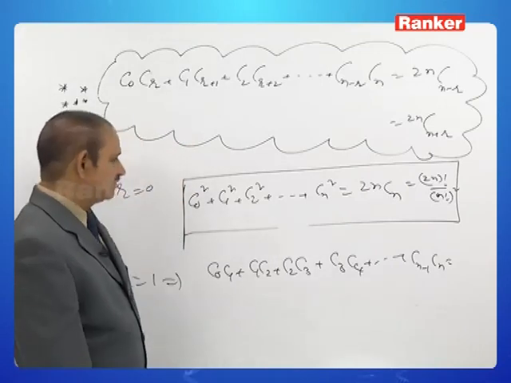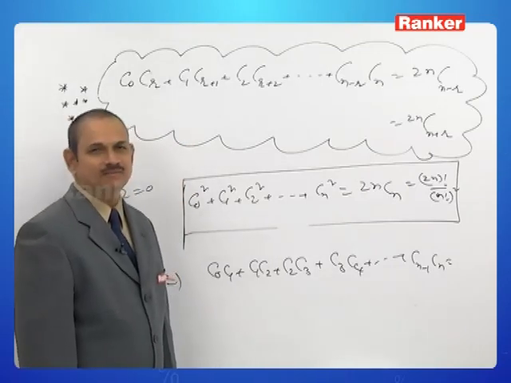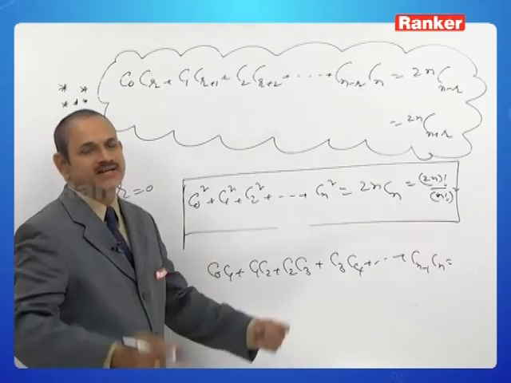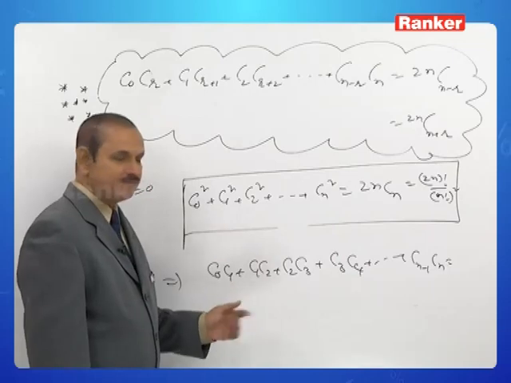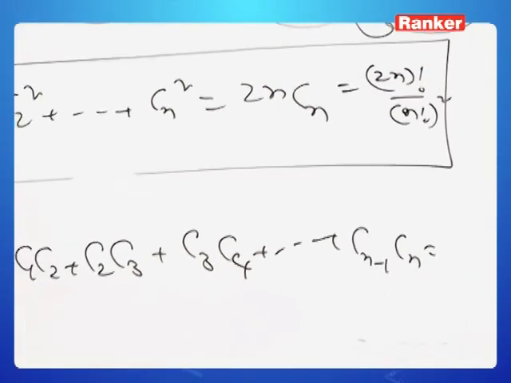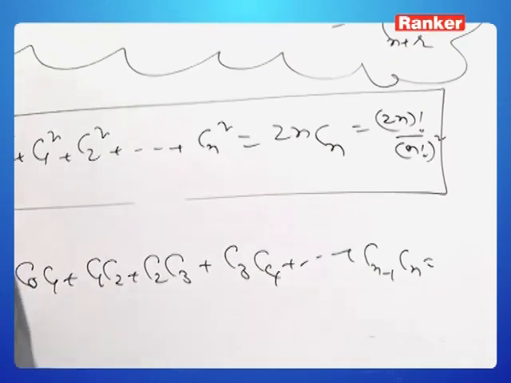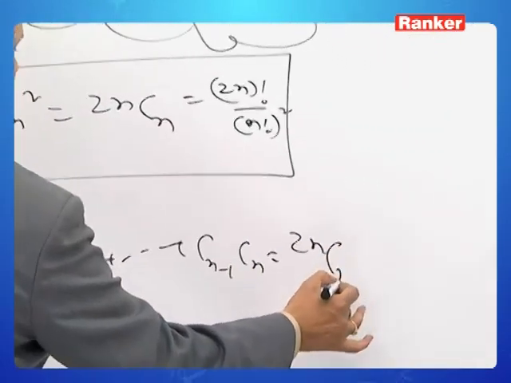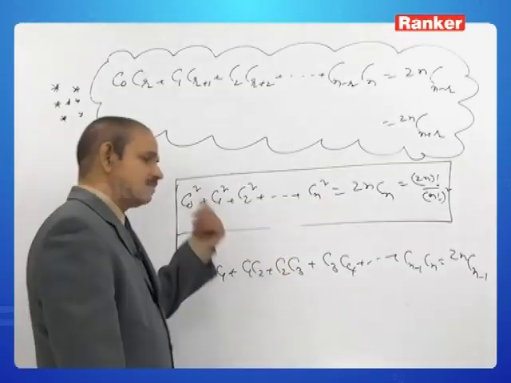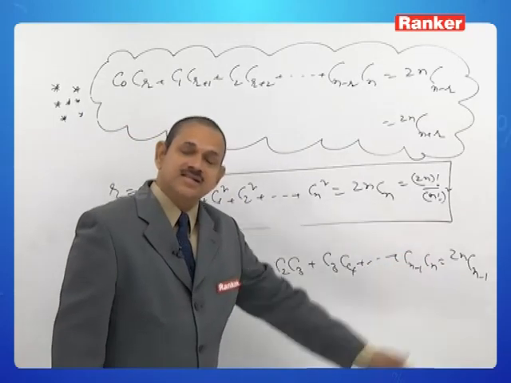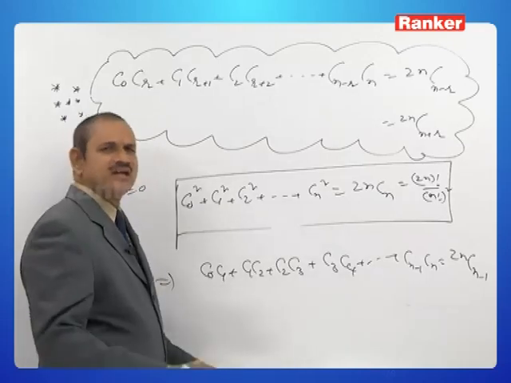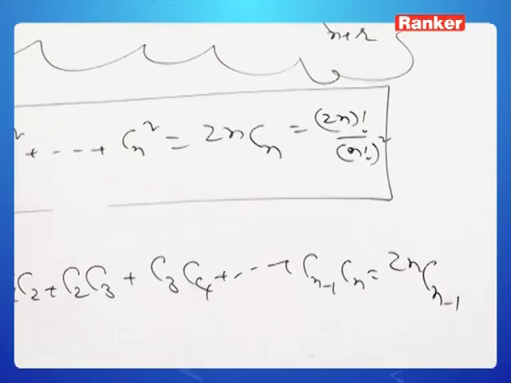It is the sum of the products of binomial coefficients taken two successive coefficients at a time, and it is equal to 2nCn minus 1, or equivalently 2nCn plus 1, by taking r is equal to 1. Well done. Like that, you can obtain as many results as you can.